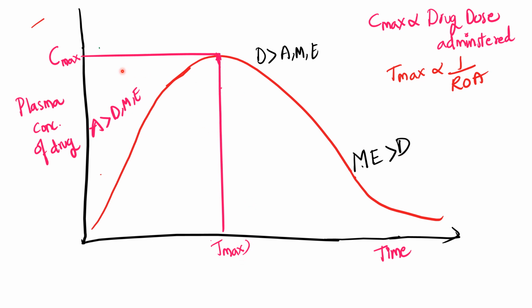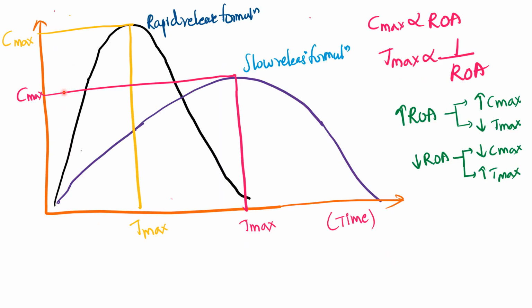So this is the Cmax and Tmax. We can see both of the definitions in the next slide. We can see that this is the Cmax and this is the time. In the y-axis we have taken plasma concentration. In the x-axis it is the time.